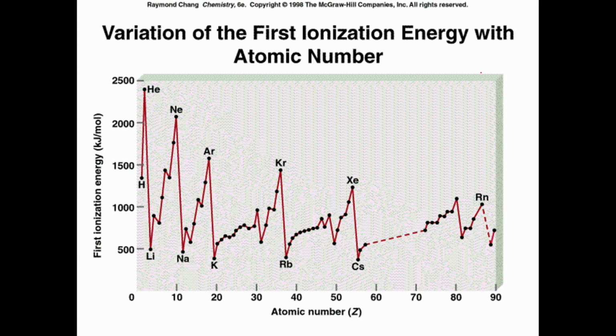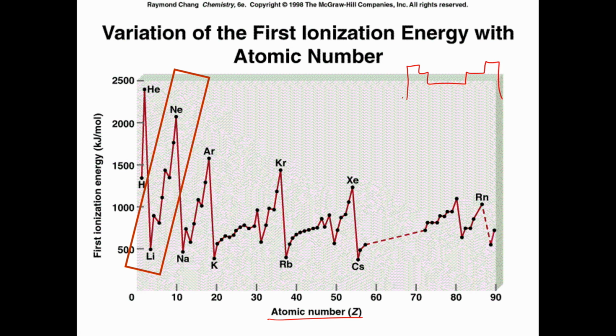Now let's look at the trend of this first ionization energy as we go across the periodic table, increasing the atomic number. So we're going to be looking at that versus first ionization energy. First thing we'll look at is from lithium to neon. So we've got our periodic table, and I'll draw a little schematic of it across here. Where is lithium?